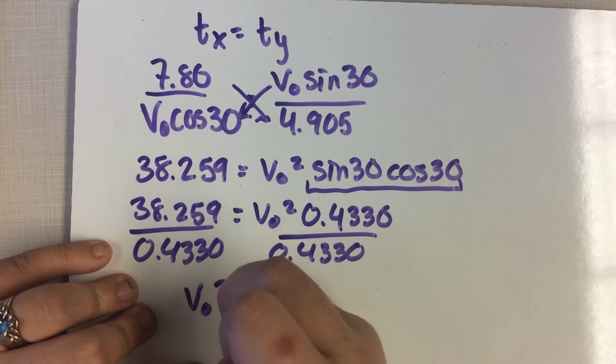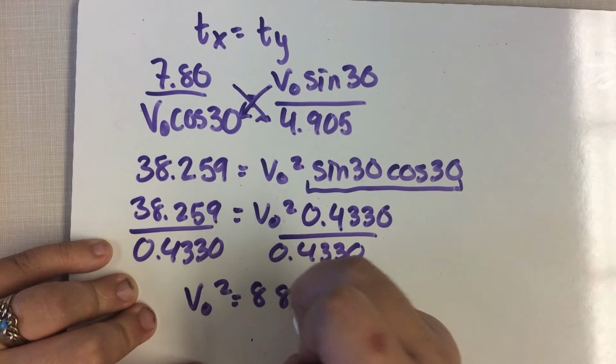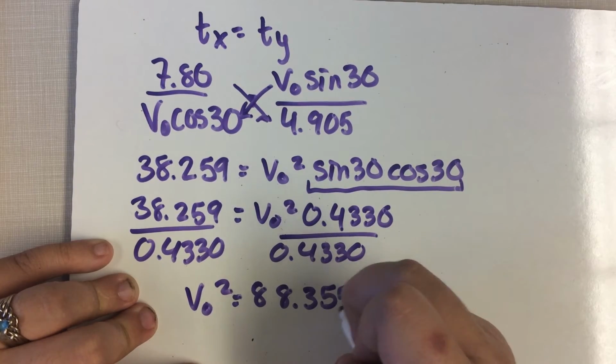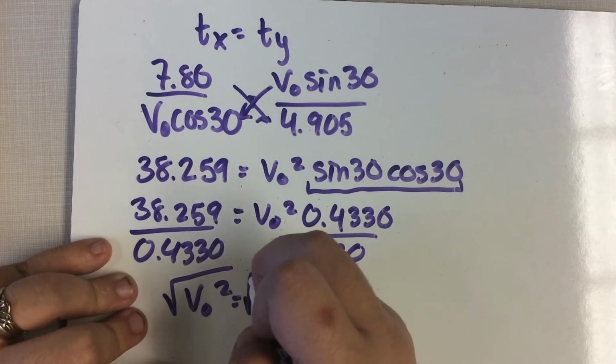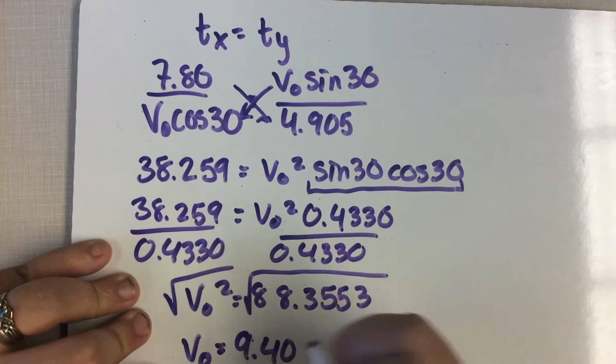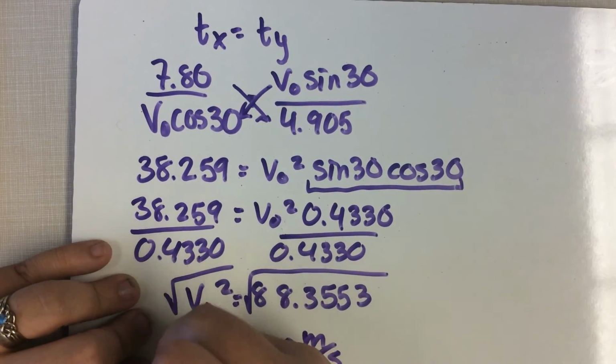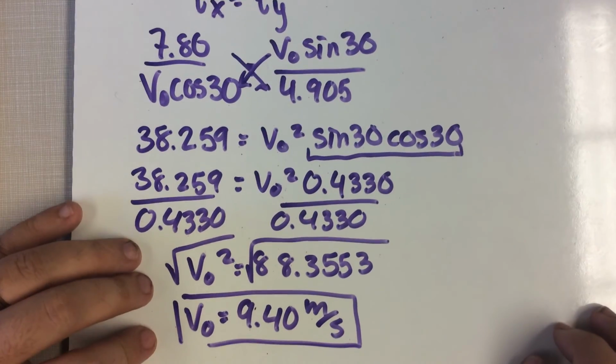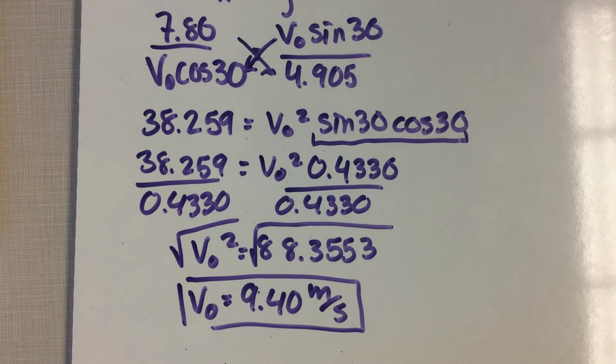So v naught squared would equal 88.3553. Take the square root of both sides. V naught would be 9.40 meters per second. It's a little bit longer of a problem, but now you guys are equipped to solve any projectile motion problem.